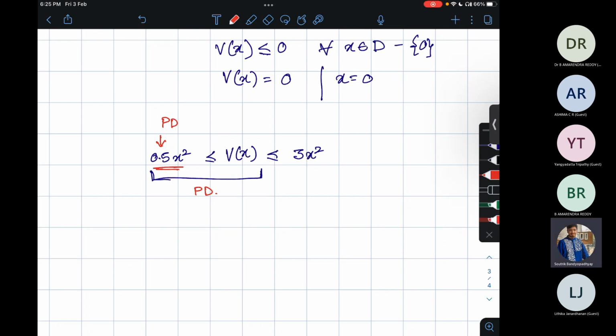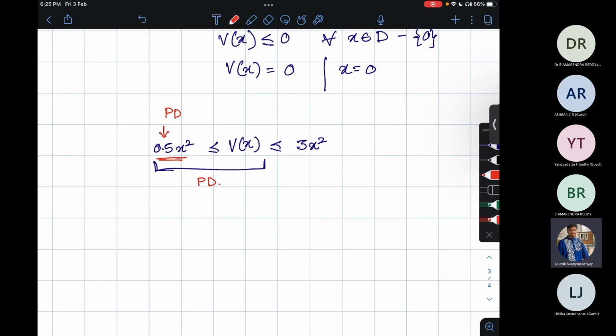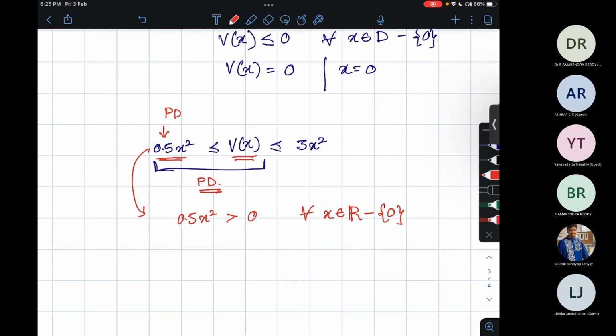You see that this function over here, 0.5 x square, is always greater than 0 for all x in real numbers without the origin. Do you see this? Yes. If a function is always greater than a positive definite function, this is also a positive definite function. Right?